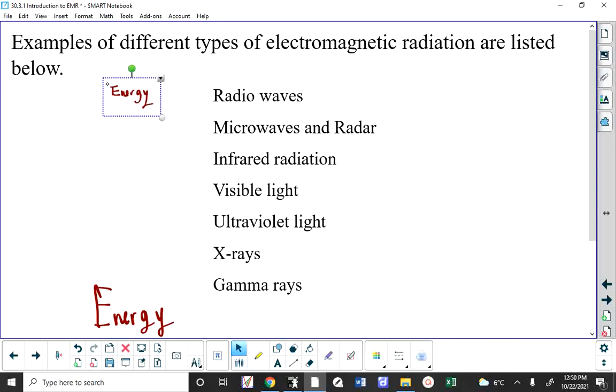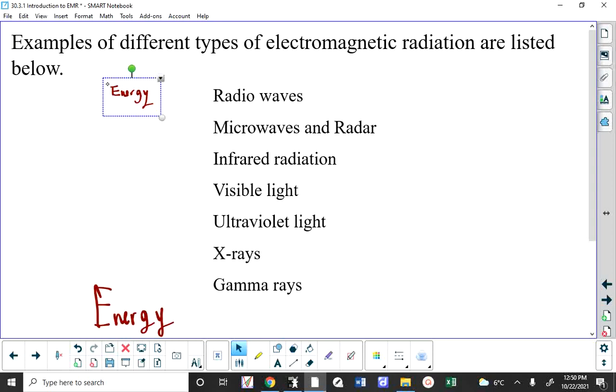You want to take what I'm saying here about the amount of energy with, as the saying goes, a grain of salt. You don't want to just take it as an absolute truth. Because if I tell you that X-ray radiation has more energy than visible light, in a general sense that's true. But if I had a 1,000,000-watt visible light laser, I can easily get more energy out of that than a dental X-ray machine, right?